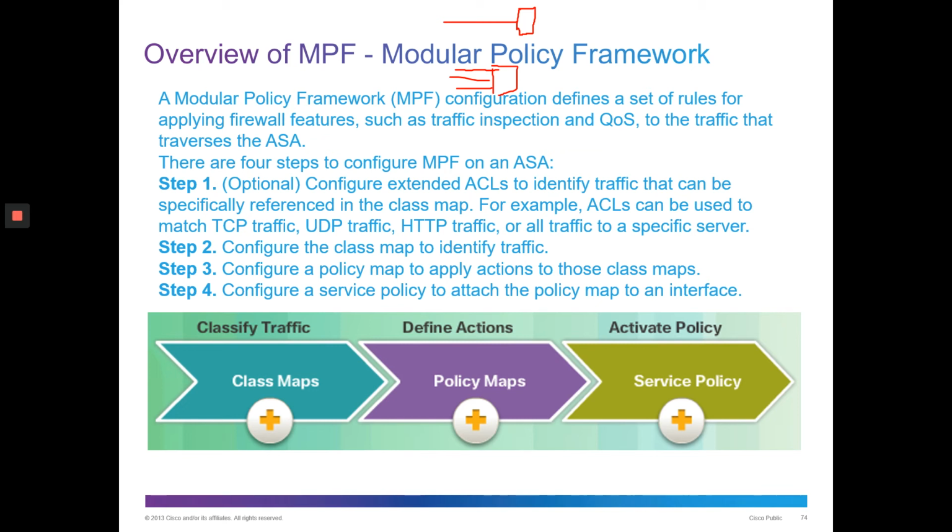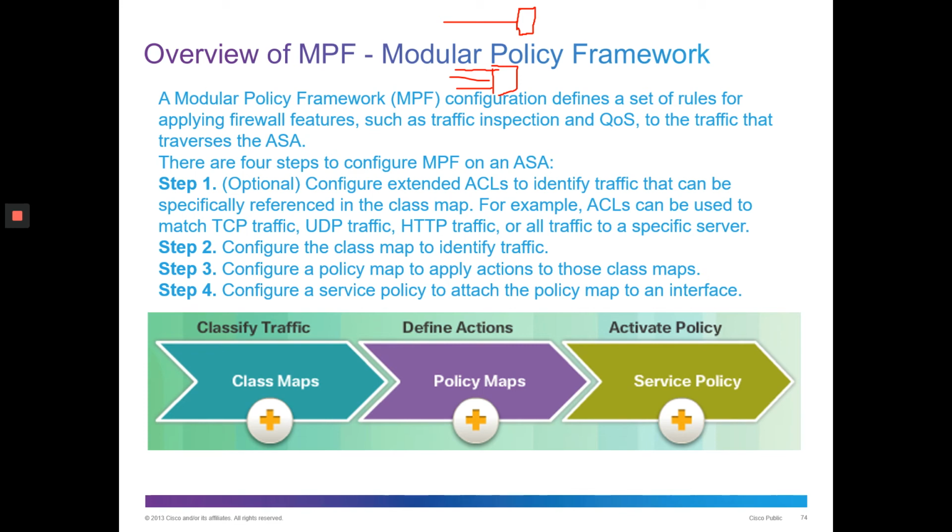So over here you will have class maps of different types of traffic. Here you will have actions that you want to do to that traffic. And finally you're gonna activate the policy. That means you're gonna apply those two things to an interface.